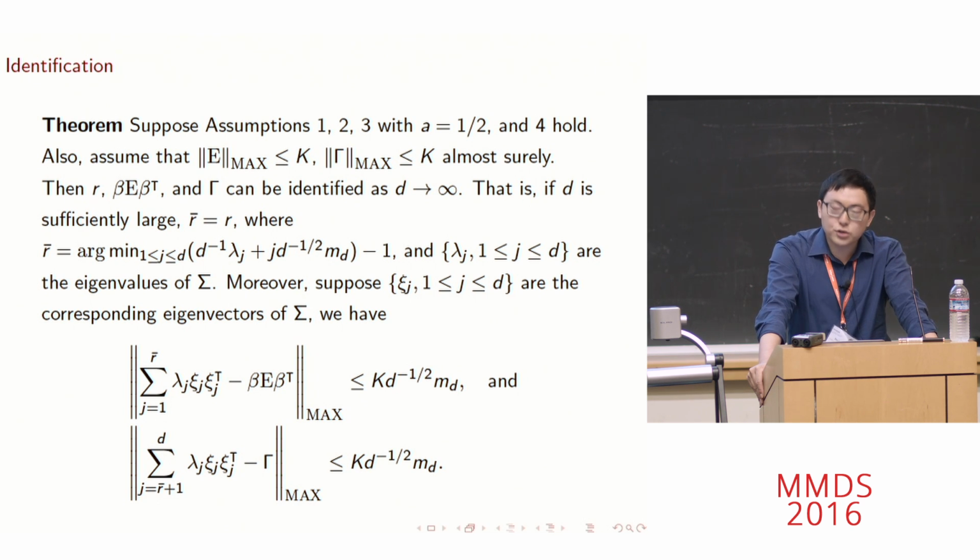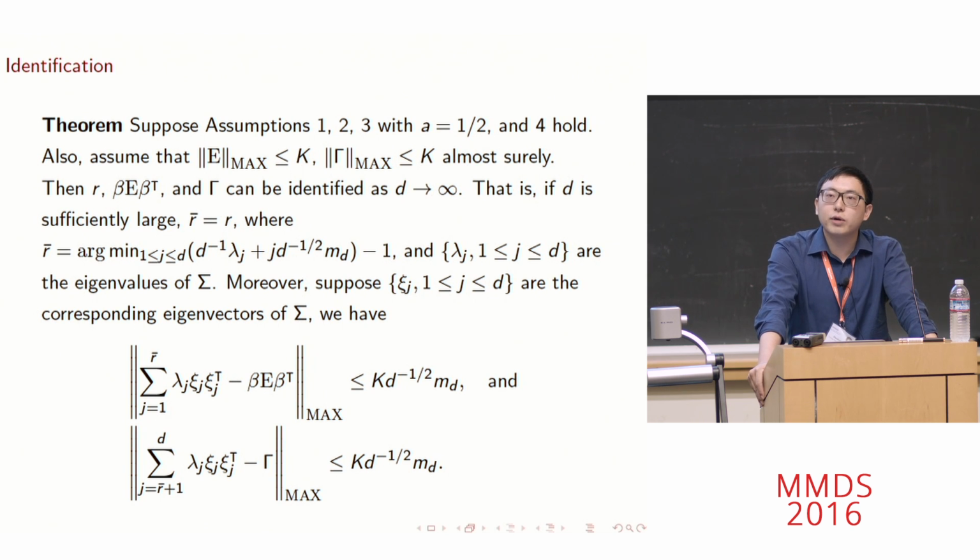By doing the eigen decomposition of the covariance matrix, we can recover the component explained by the factors, which is beta Sigma_X beta transpose, as well as the residual, which is Gamma, up to an error of the rate m_d over square root of d.